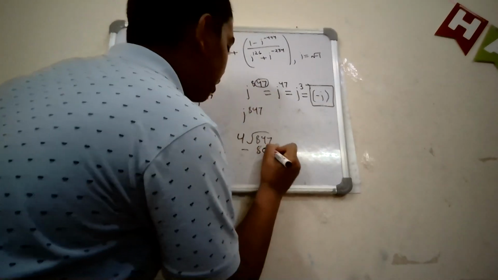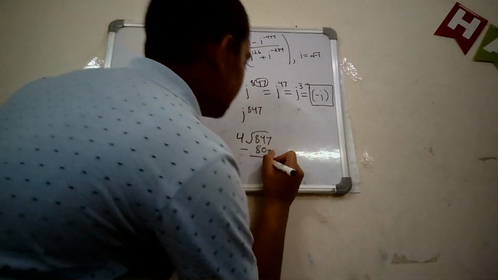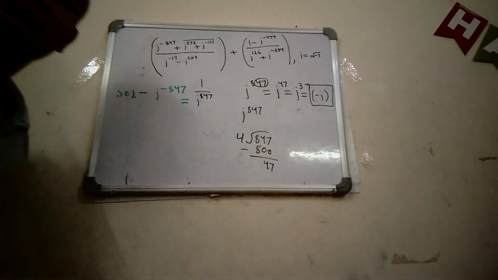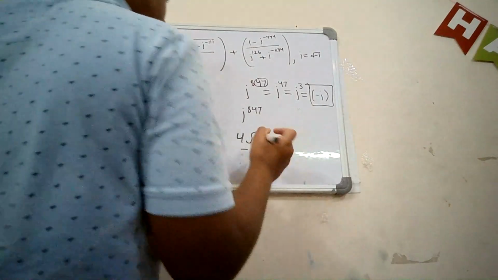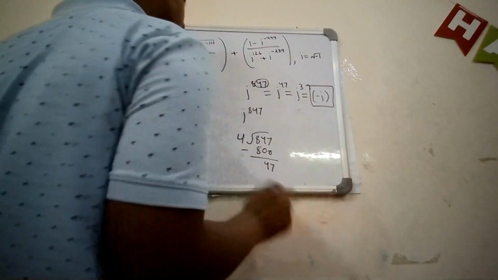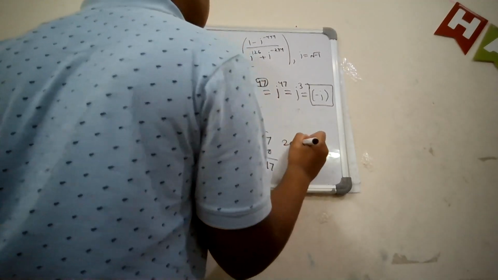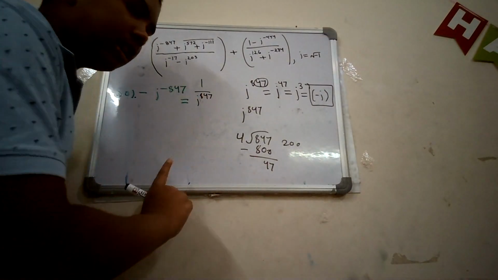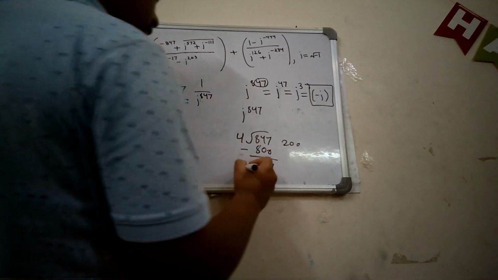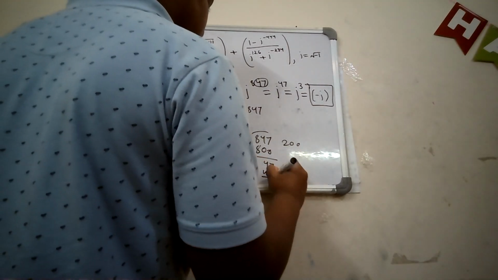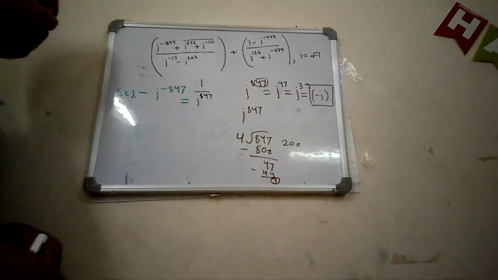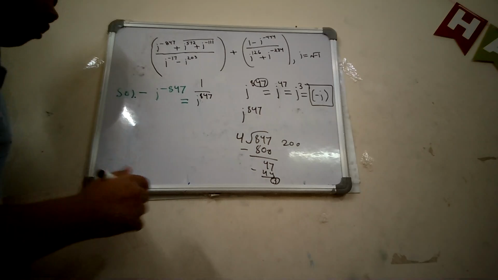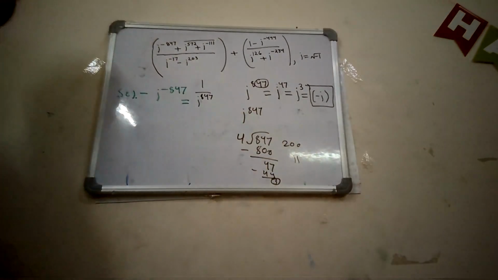If we subtract 800, for example, we get 47. Mind blowing. We don't have to worry about the 200, it doesn't matter. We get 47, and when we divide 47 by 4, we get the same remainder. Just subtract 44, you get 3.